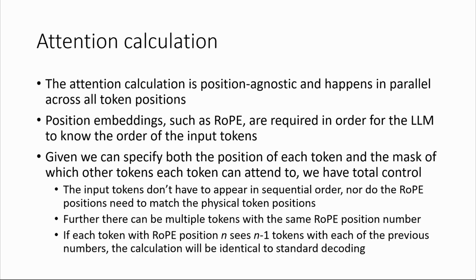So in order to turn this multi-token parallel mess into a 1D linearly ordered language sequence, we use position embeddings. We're going to talk about RoPE in this presentation and in our slides.